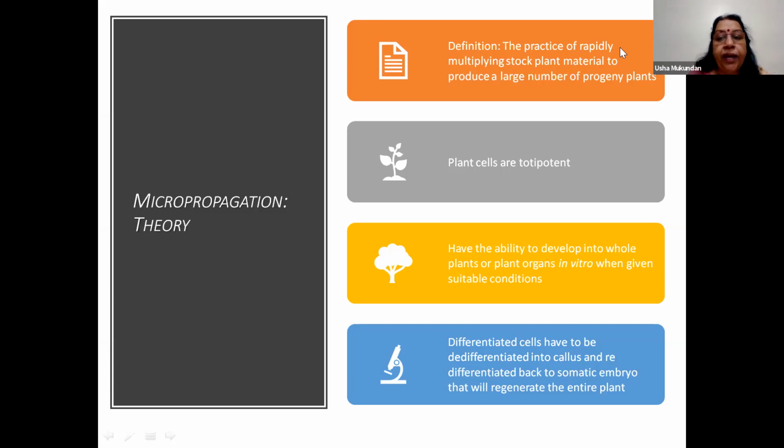Plantlets can be obtained directly as a result of meristematic growth, or through an intermittent callus phase. Sometimes the callus may differentiate to form embryo-like structures in vitro, known as somatic embryos, and somatic embryos will regenerate to form entire plants.